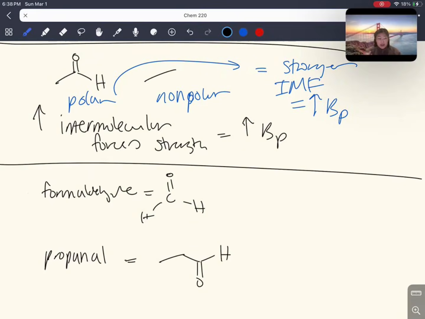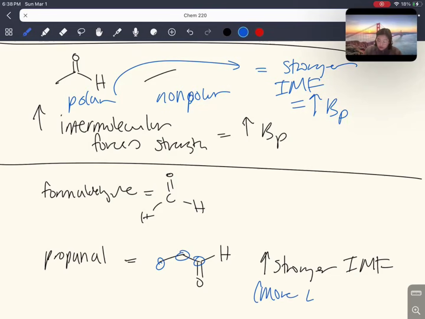So propanal has stronger intermolecular forces, because it has 3 carbons, so that's more London dispersion forces. I would expect that at the same temperature, propanal is more likely to be a liquid than a gas compared to formaldehyde.